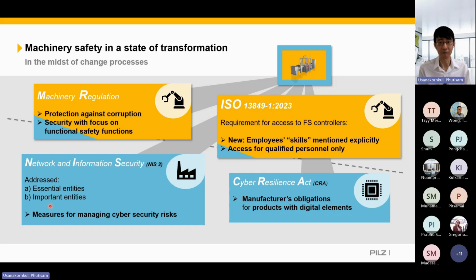One example I can think of: let's say you have a hardware safety controller, and somebody can hack your safety controller. Then the manufacturer has to provide the fix, the firmware upgrade for that particular product, and this is mandatory in the near future.